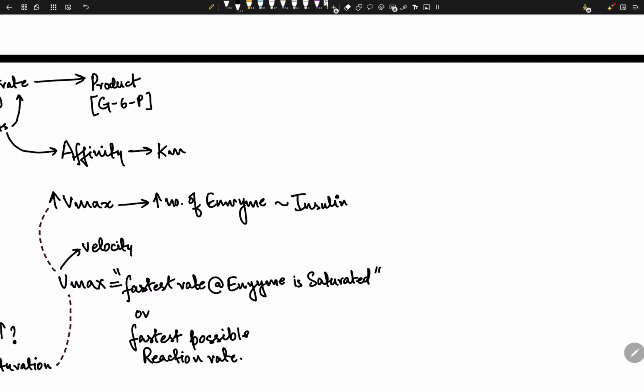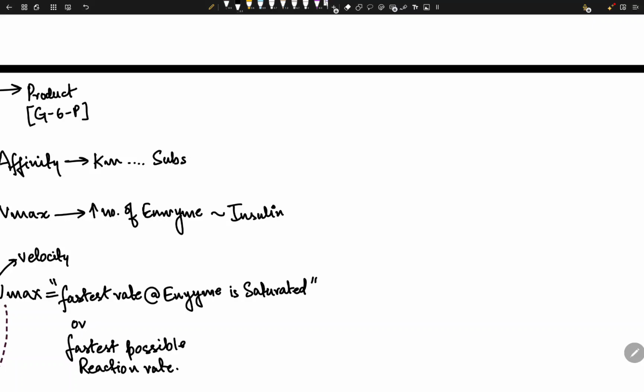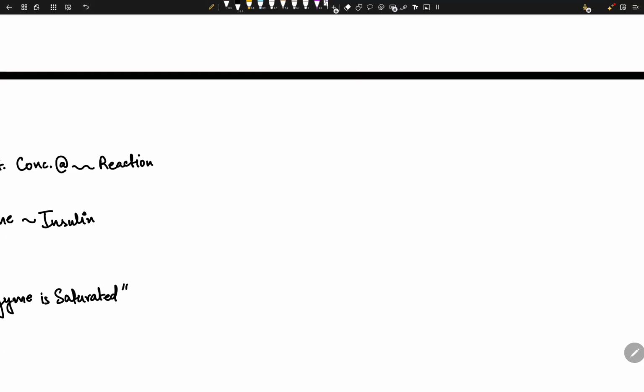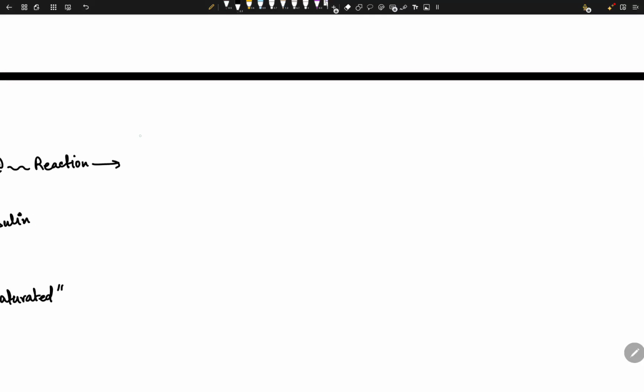The definition is that Km is the substrate concentration, I'm writing it, at which the reaction reaches 1/2 of Vmax, right?